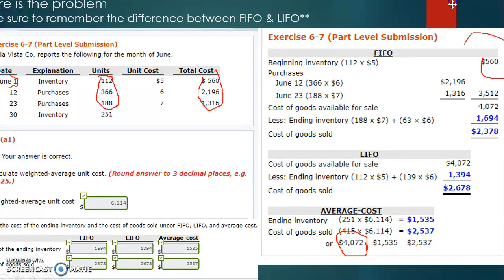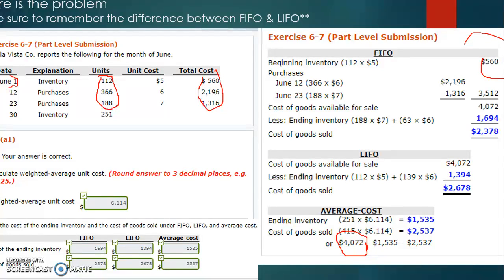The total of these amounts gives us the cost of goods available for sale, which is the total amount, 4,772.